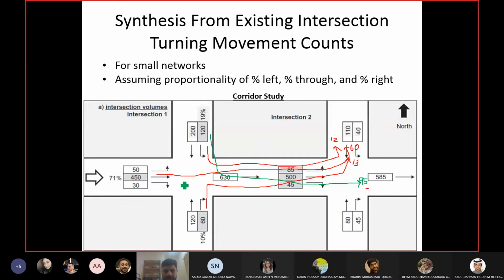And then 71% of 500. 355. How much? 335? 355. Yes.